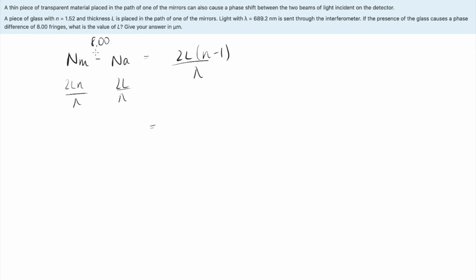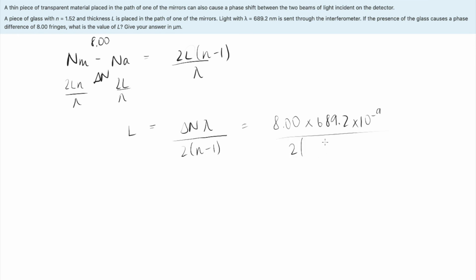So I'm just going to call this delta n for now. So we're going to end up with delta n times lambda divided by 2 times (n minus 1), and that's going to equal L. So now we just sub in everything we know. 8 by 689.2 by 10 to the minus 9 meters divided by our 2 multiplied by 1.52 minus 1.